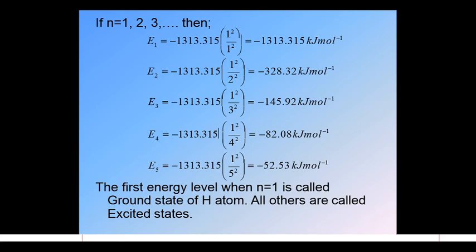And all other states, that is n equal to 2, n equal to 3, n equal to 4, are known as excited states. So the first energy level when n is equal to 1 is called the ground state of hydrogen atom, and all other states are called excited states.